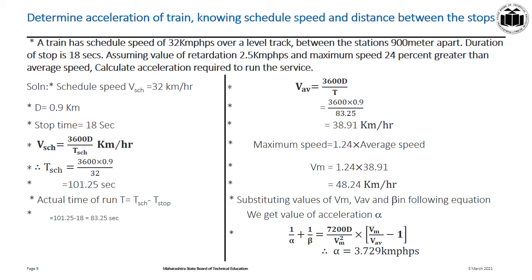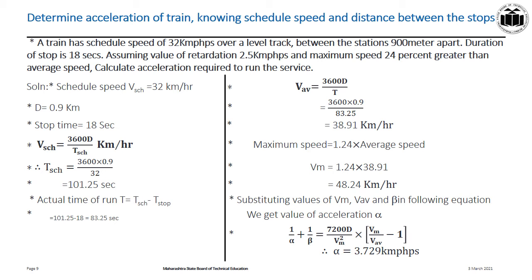Using this formula, we can calculate the schedule time equal to 101.25 seconds. Therefore, actual time of run T is equal to T schedule minus T stop. It is equal to 83.25 seconds. Average speed can be calculated by the formula V average is equal to 3600 D divided by T. V average is equal to 38.91 km per hour.